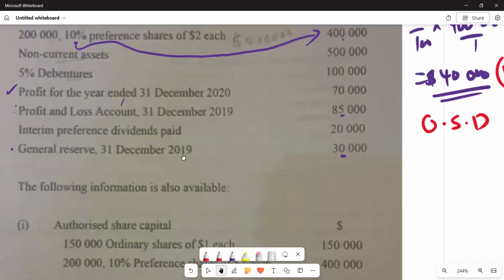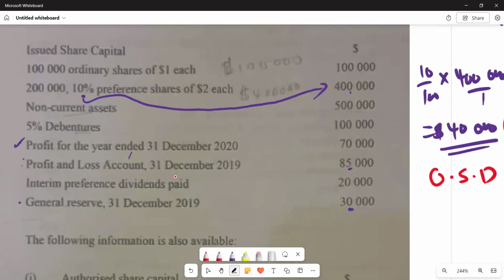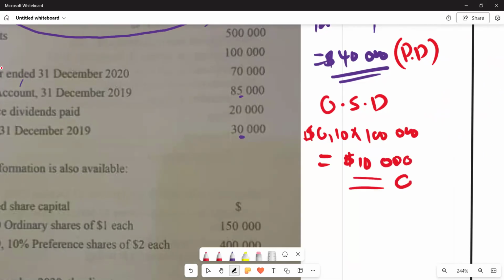The number of shares issued is 100,000, so 10 cents times 100,000 shares issued. Remember, we are concerned about those that are issued when we calculate dividends. If you calculate, the answer becomes 10,000. So this is the ordinary dividend.